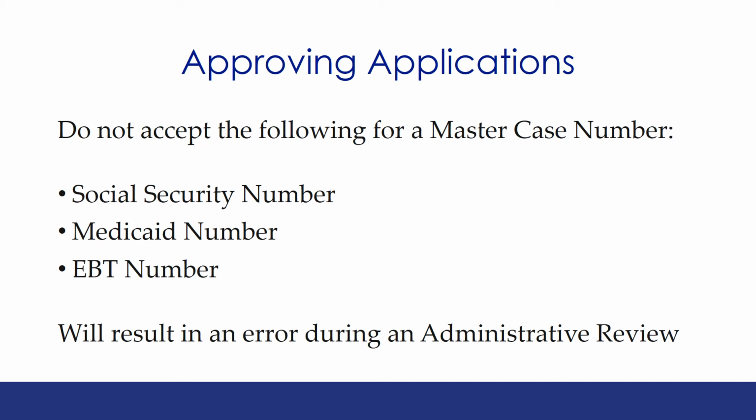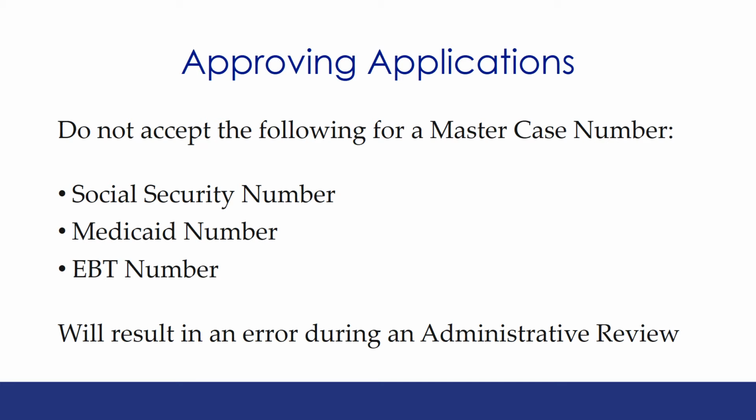In Part 2 of the application, do not accept any of these as a master case number: an individual's Social Security number, or a Medicaid number. The only way households are approved for benefits with Medicaid is through the district's direct certification list, or an EBT number.